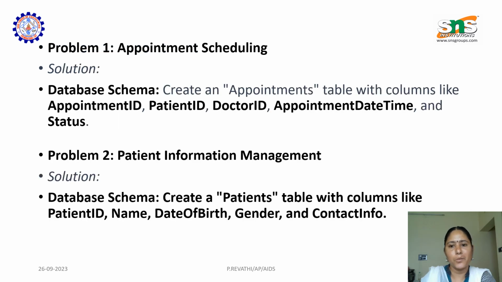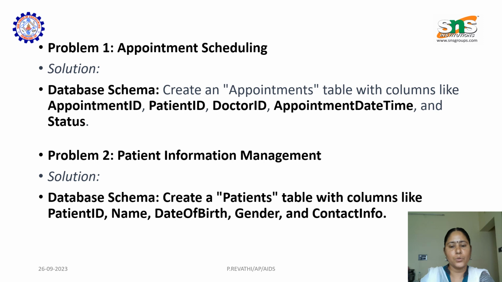Problem 1. Appointment scheduling. Database schema. Create an appointments table with columns like appointment ID, patient ID, doctor ID, appointment date, time and status. In this table, appointment is a table name; appointment ID, patient ID, doctor ID, appointment date, time and status are attributes.